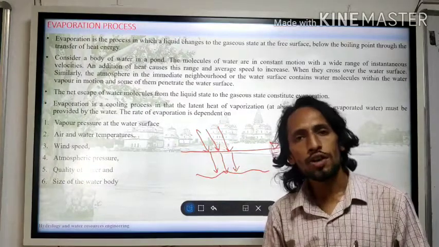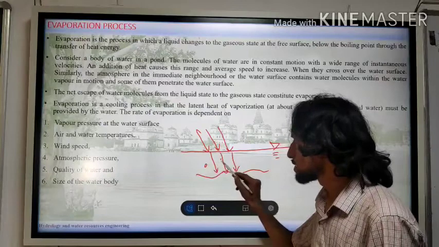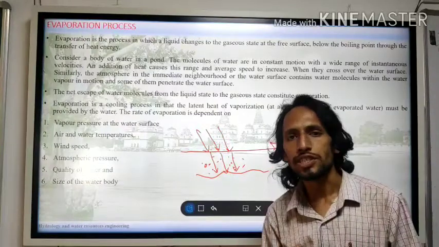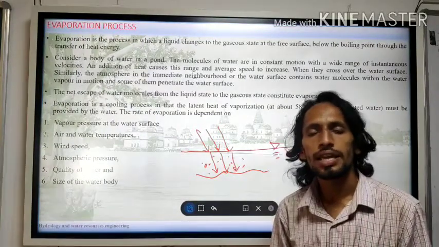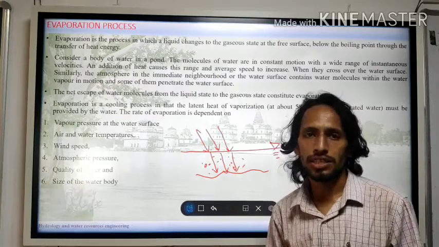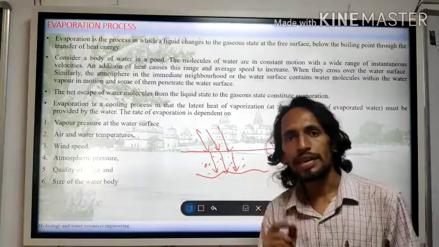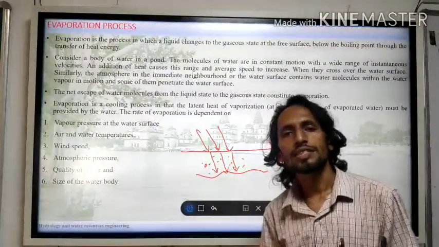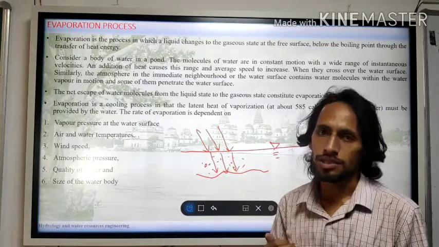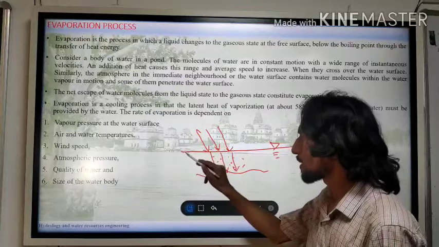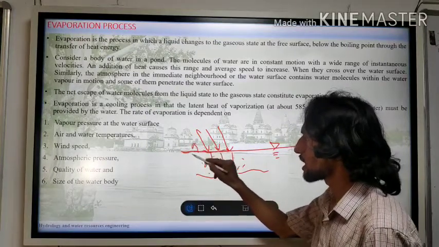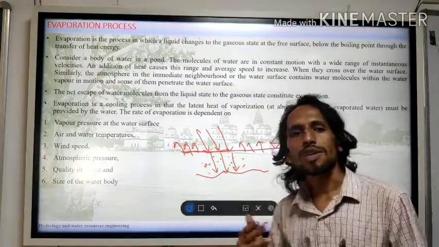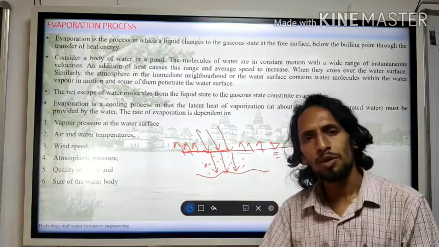Because of this heating, the water molecules gain some energy and start moving in random directions, like particles of air. Similarly, water also starts moving with some random velocity, and some of the water starts going out of the surface of the reservoir or any water surface.